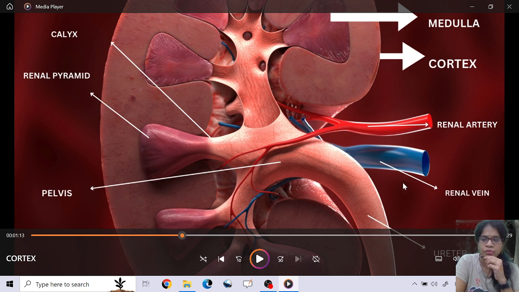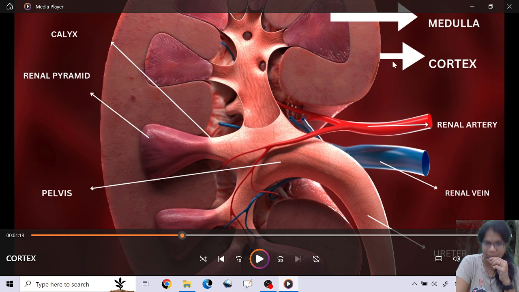And here, what is the renal vein? I told you the renal artery supplies the blood to the kidney, and the afferent arteriole supplies blood to the kidney. And the one that is coming out of this particular capsule, I'll talk about that in the next slide itself. Don't get confused.